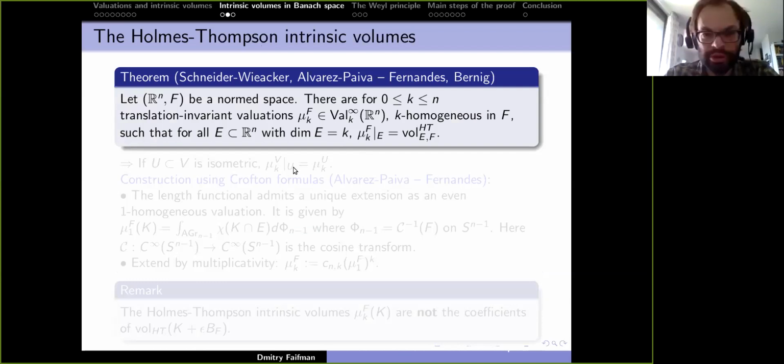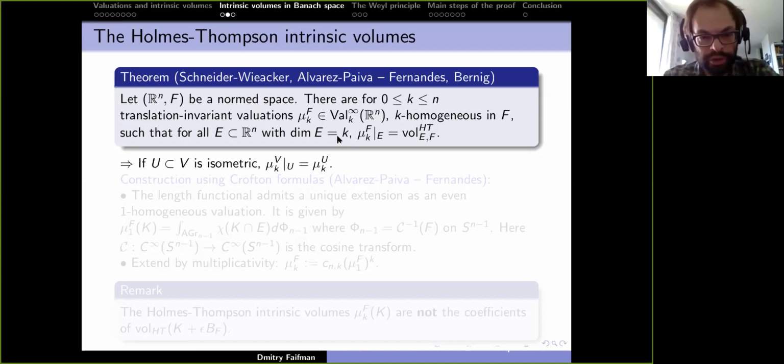That's a result of a few people. In fact there is this μ_k with subscript f, which is a smooth k-homogeneous valuation, such that when you restrict it to a k-dimensional subspace, you just get the Holmes-Thompson volume there.